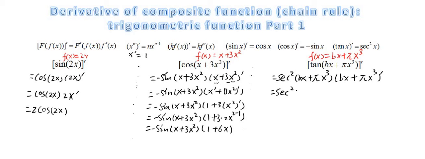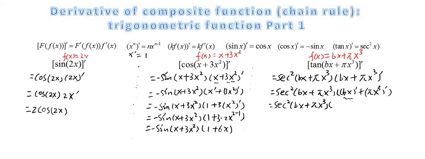We copy the first term, and for the second term we take the derivative of each term. For bx prime, we apply the constant multiple rule, since b is a constant.